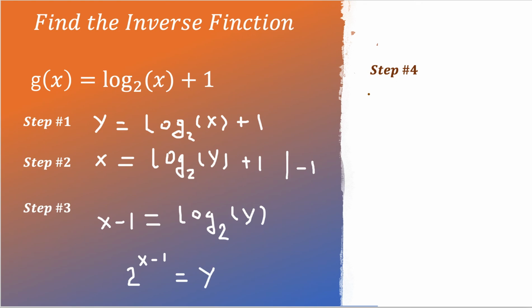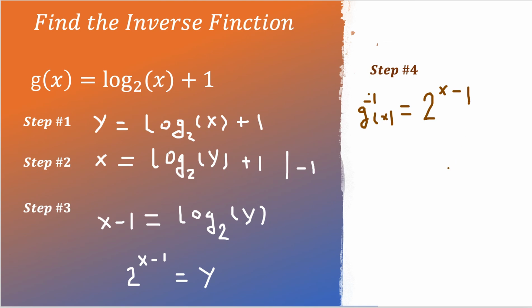And the last step here, we write with the inverse denotation, because we had g of x. The inverse is g to the minus 1 of x, equal to the function 2 in exponent x minus 1.